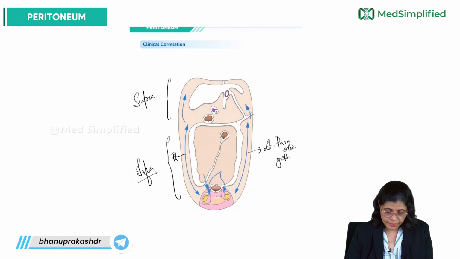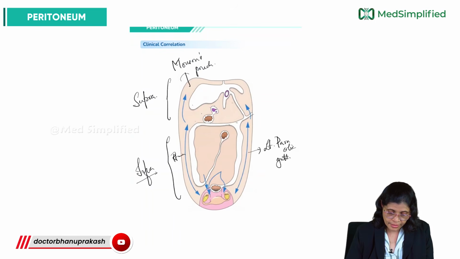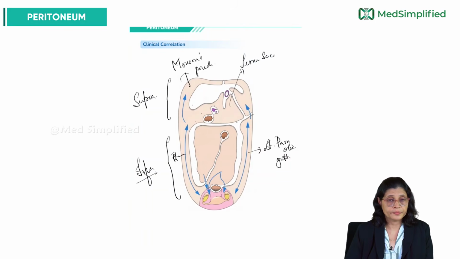Here we have the subphrenic spaces. Behind the liver is the hepatorenal pouch of Morrison, here will be the lesser sac, and here the posterior extraperitoneal compartment.